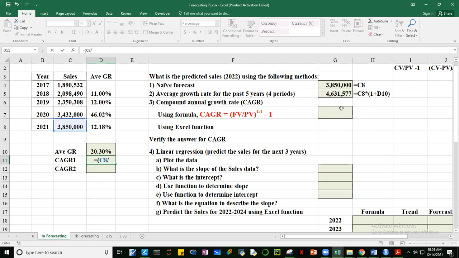Yung present value natin, yung pinakaunang value, kasi hinahanap natin yung CAGR nitong series na to, from 1890 hanggang 3850. So our present value, our first value is that one. And then caret, shift 6, that's our exponent.